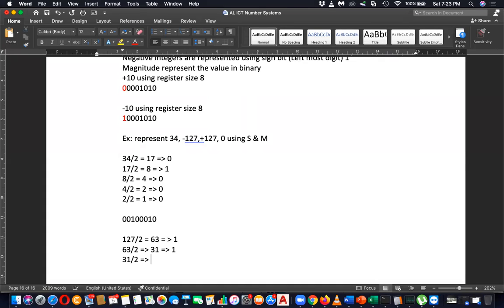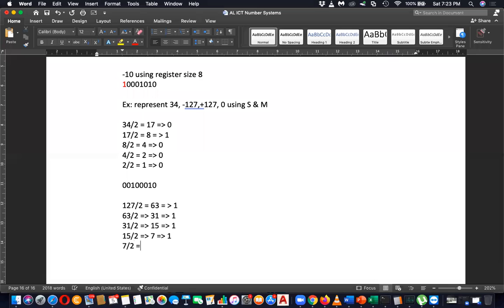It is 15 and remainder is 1. Then 15 divided by 2. That is 7 and remainder is 1. 7 divided by 2. That is equal to 3 remainder 1. And 3 divided by 2 is equal to 1 remainder 1.